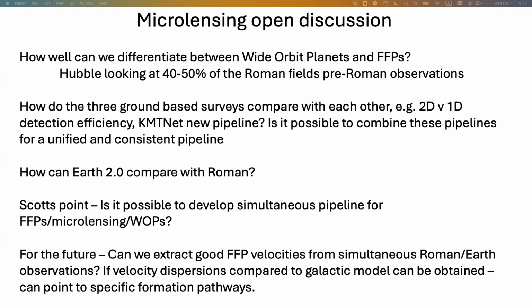So you're asking if you are looking at a very young star system that has a ton of Mars-mass embryos around the star, in principle, Roman will be sensitive to lensing events in that system. But you might also have hundreds of these small Mars embryos, and what does that actually look like in Roman?